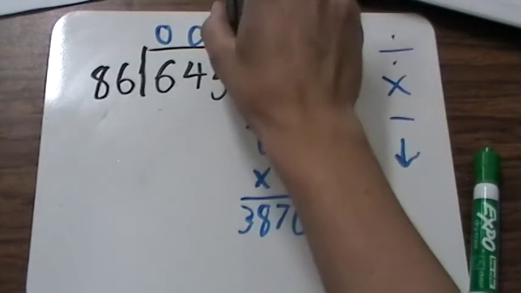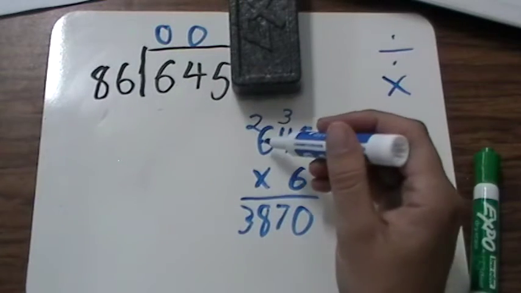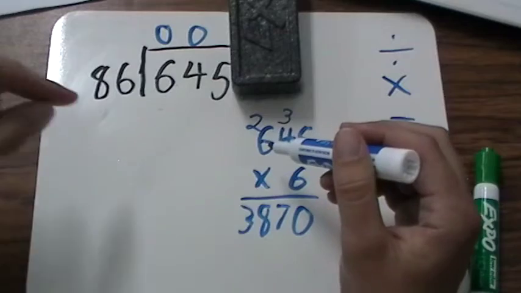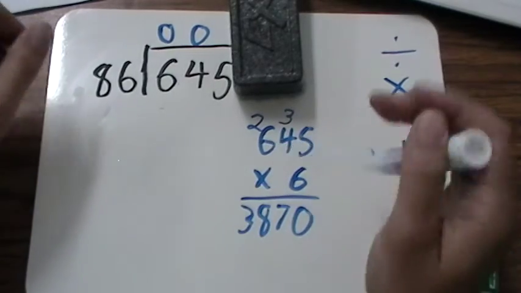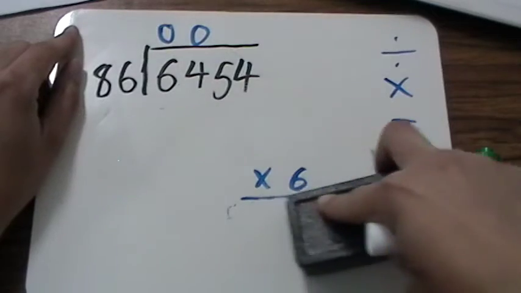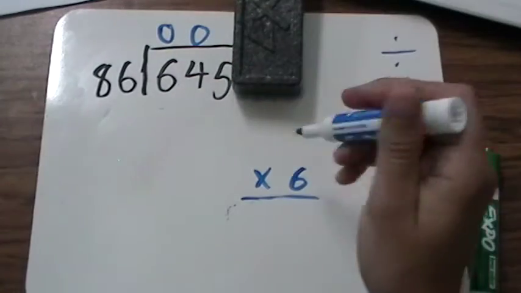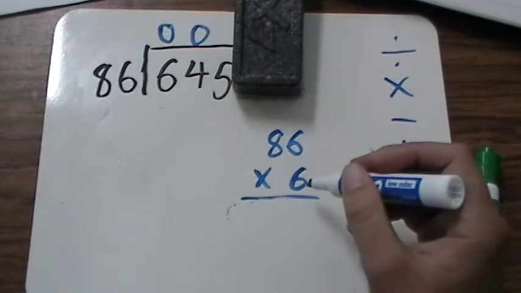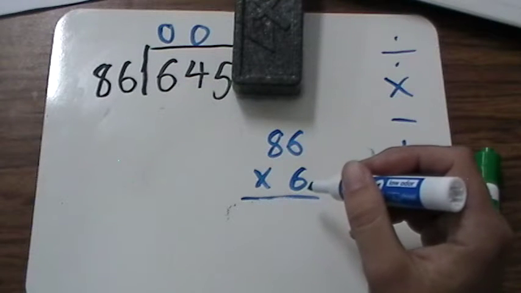But did you notice what my error was? I was multiplying 645 by 6. That's not the number I multiply by. I hope you caught that, because that was a big mistake. I should be multiplying by the 86. So let's try it again. Because 86 is the one outside of the box.